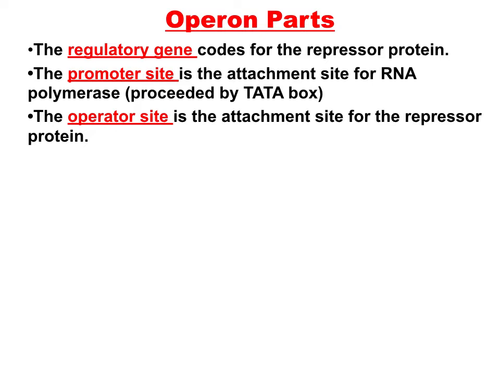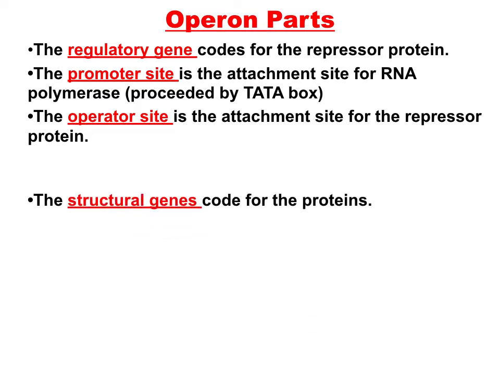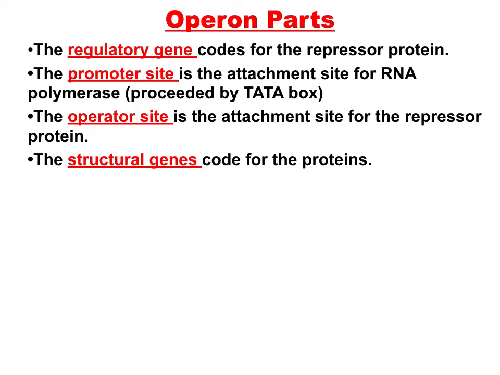Okay, so an operator site is kind of like a silencer, right? It's a stretch of DNA that something can attach to reduce transcription. Inside the operon there are structural genes, and these are the actual genes that can code for proteins that will change something about how the bacterium looks or functions.